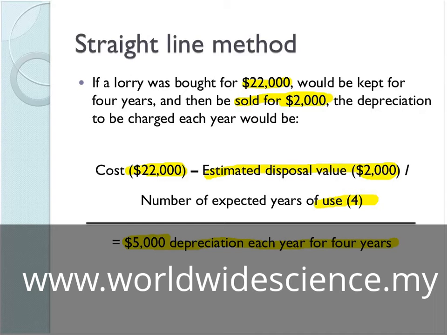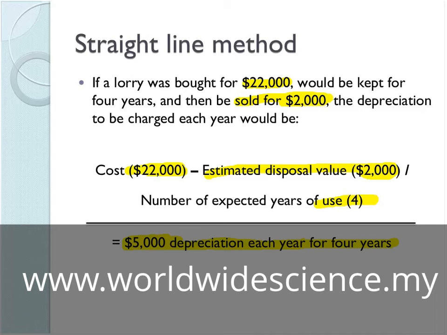So in the income statement we show, for example, the equipment equal to 22,000, less depreciation, which is the 5,000, right? And it is equal to 22,000 minus 5,000, 17,000. So in the income statement, every year we show it based on this example.